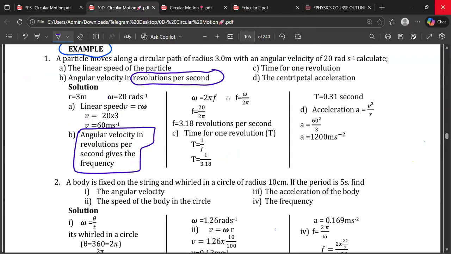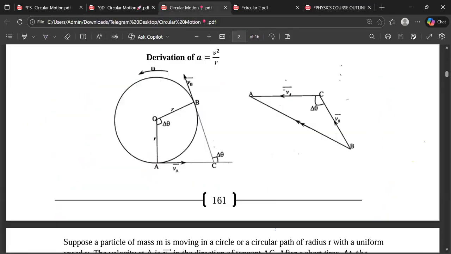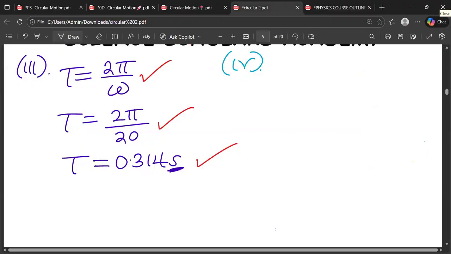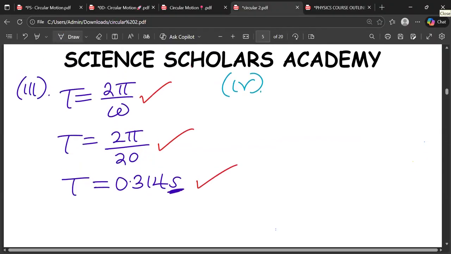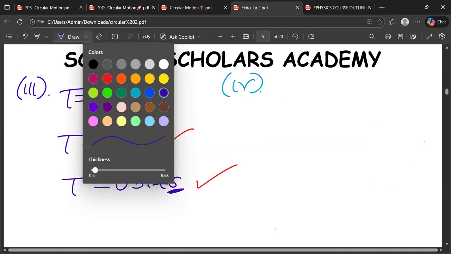Now this question is asking us for the centripetal acceleration. They could even just ask for the centripetal force. So centripetal acceleration, you know the formula. So you just choose which one is going to work for you depending on what you have. There is no logbook for physics. You're supposed to be knowing these things. You get?